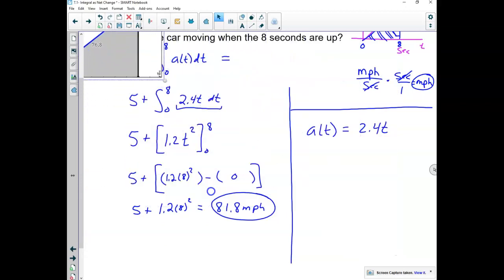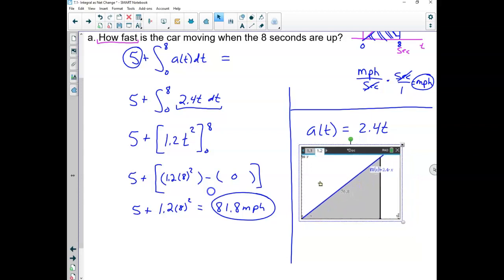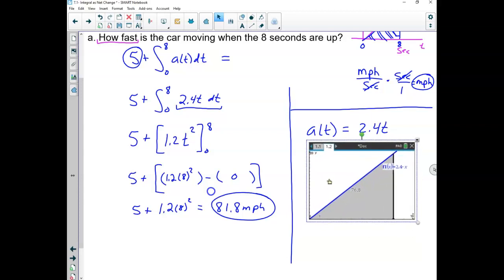Well, what we just found is, if it was an ugly function and that was my A of t function, I just accumulated 76.8 miles per hour, because here's my miles per hour per second times my seconds.